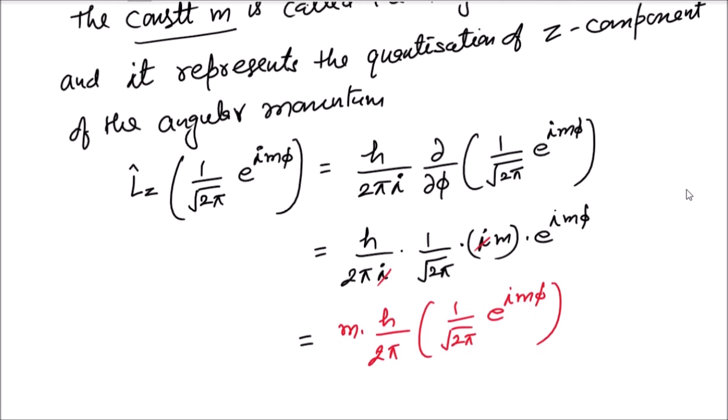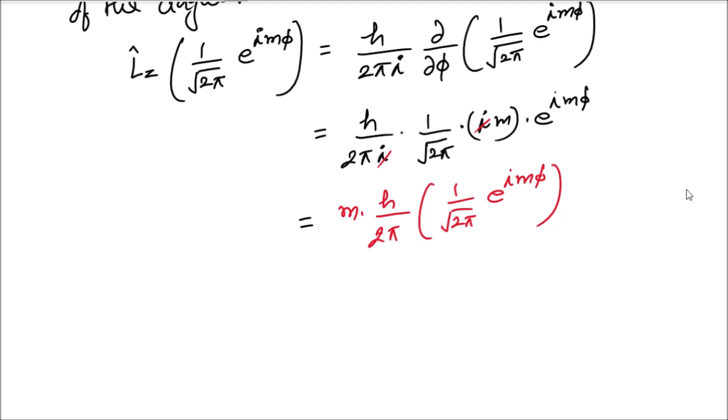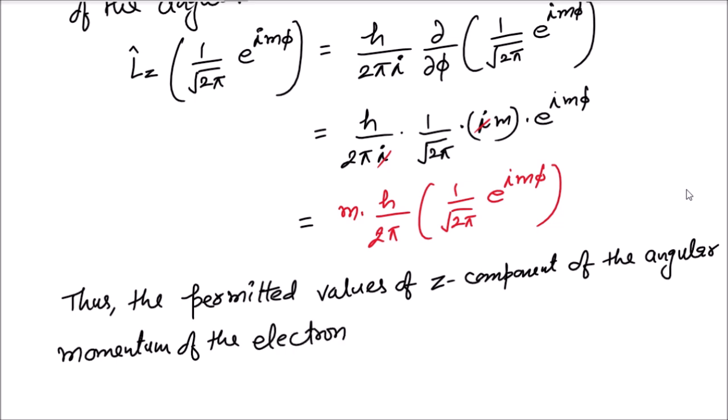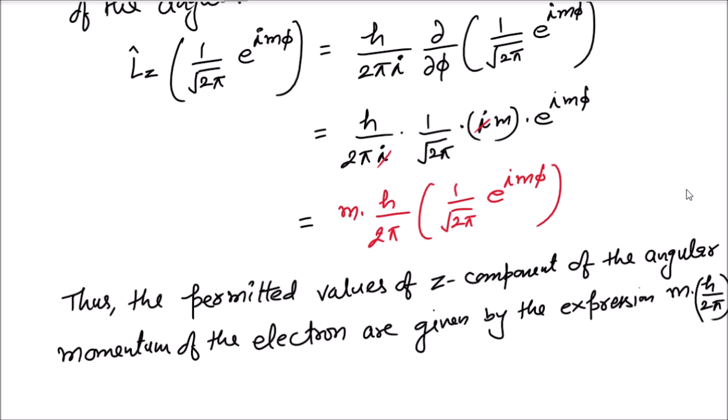So we get the permitted values of the z component of the angular momentum of the electron, given by the expression m into h upon 2 pi, or we can write it as m into h bar.